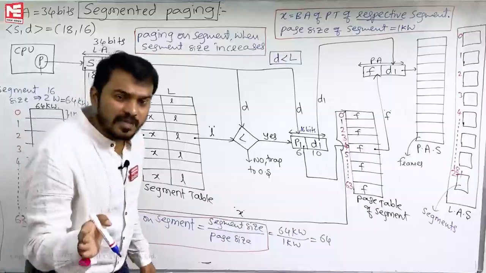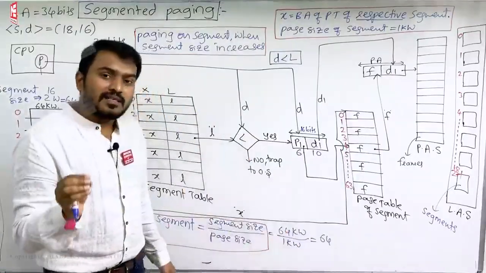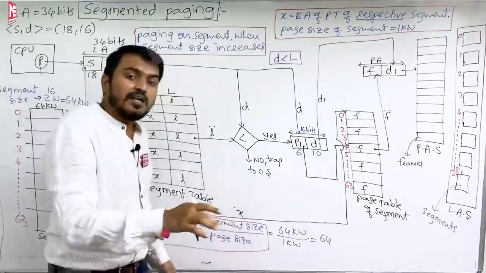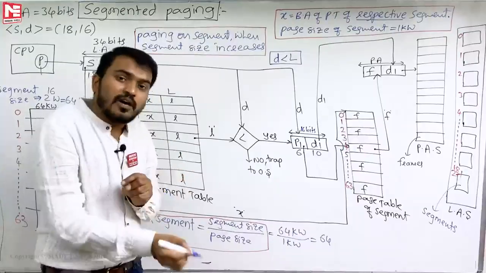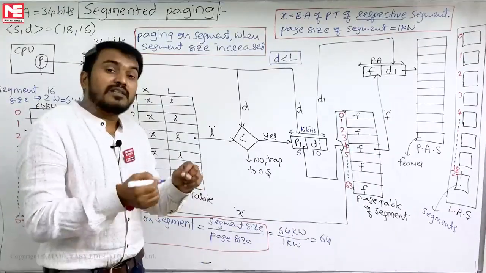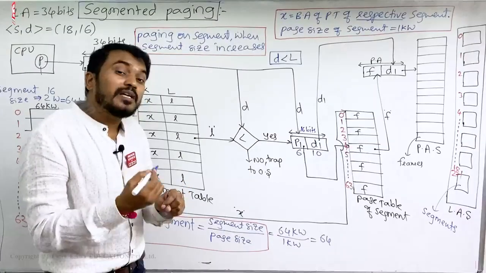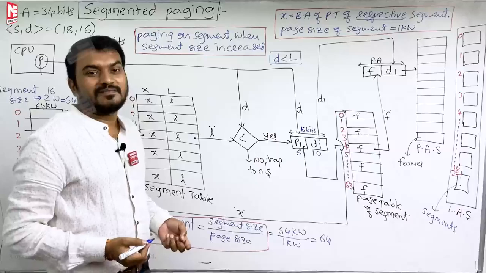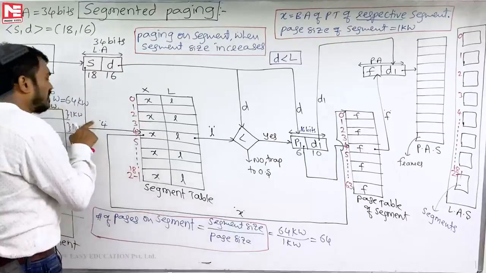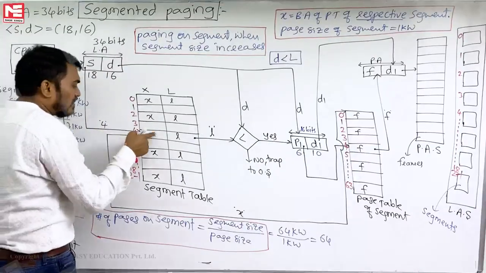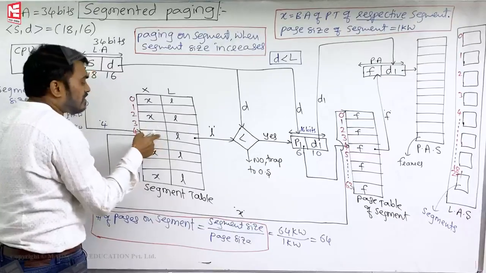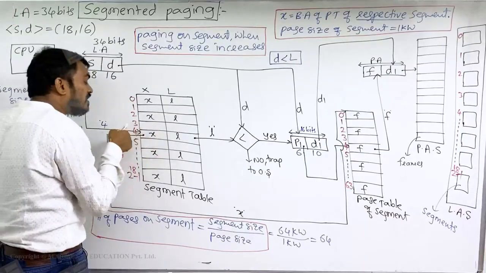On every segment you are having paging, and every segment has its own page table. So whichever segment you are referring to, that particular segment's page table base address. Is that clear? Let's say you are referring to segment number 4 here. Then X is the base address of the page table of segment number 4.